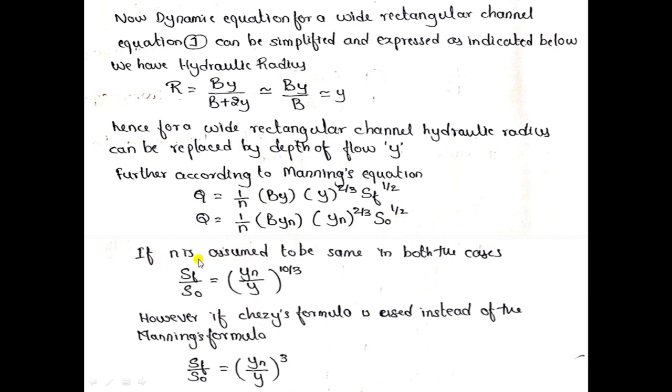Now, if n is assumed to be the same in both cases, the ratio of SF by S0, if we simplify, we will get (yn/y) raised to 10/3. If we are using Chezy's equation instead of Manning's equation, SF by S0 will be (yn/y) raised to 3.